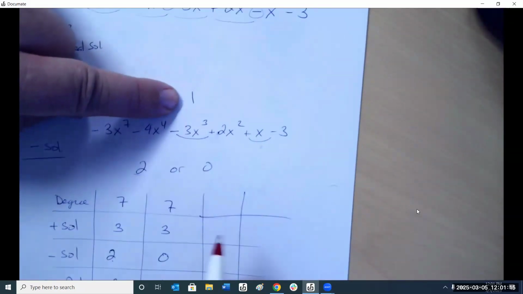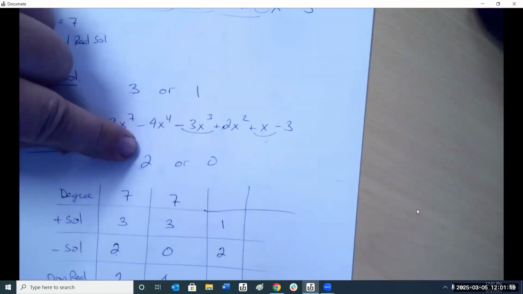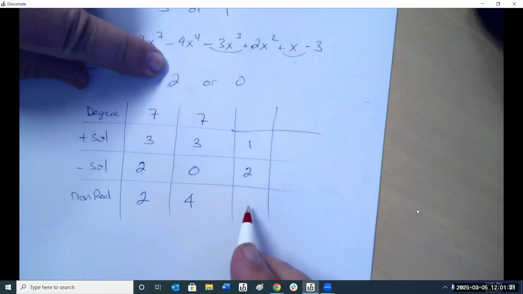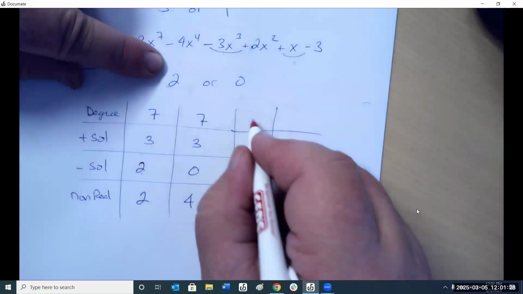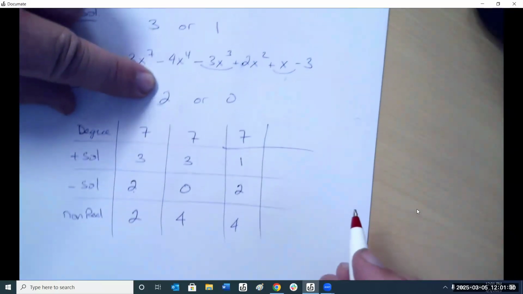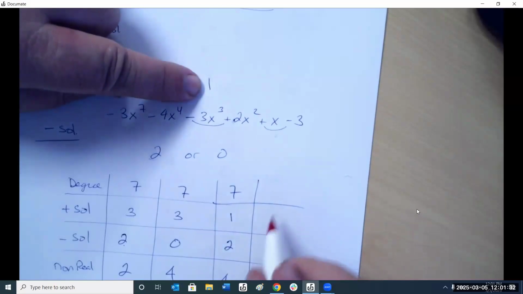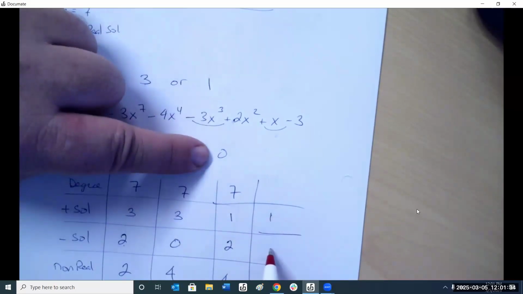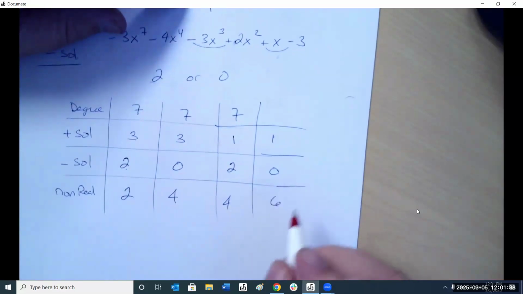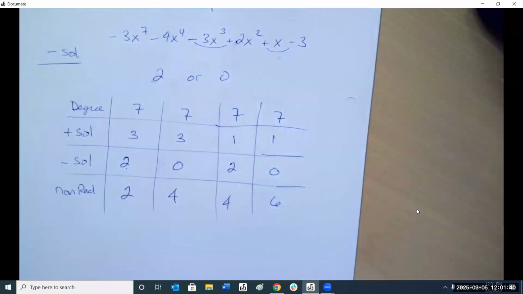If I had one positive and two negatives, how many am I missing here? Because it has to equal 7. If I had one positive, 0 negatives, then I would need 6 of those. So those are the possibilities I'm going to have.